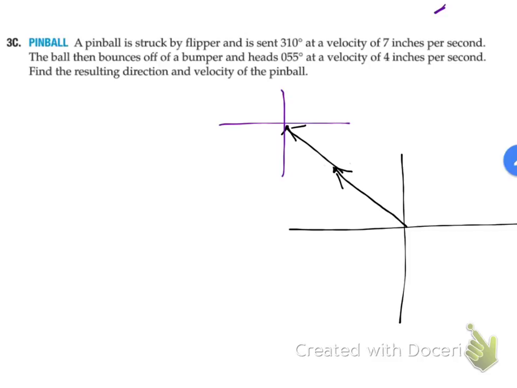Got to make sure I have on my colors. So it's out to there. So it's going to be something like that.